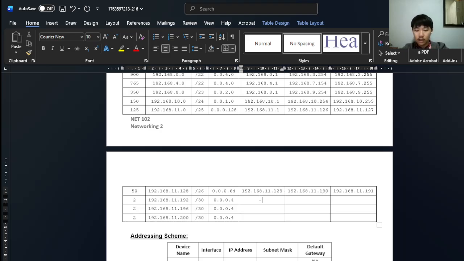Next one, just add 1 again, 192.168.11.193. Then 192.168.11.195.